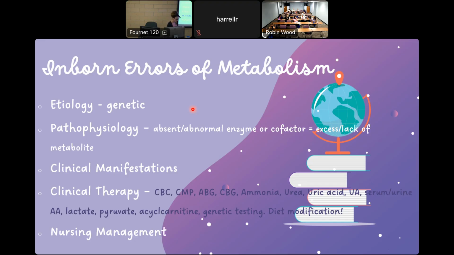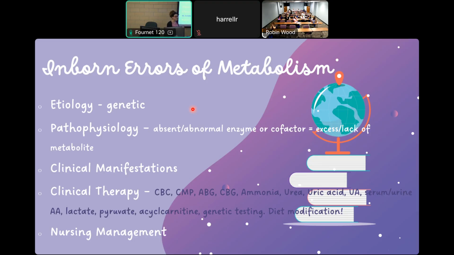We talked about newborn screening, but again, it's not fail-proof, because what newborn screening is basically doing is testing for elevated levels of something in the blood. These are metabolic disorders.